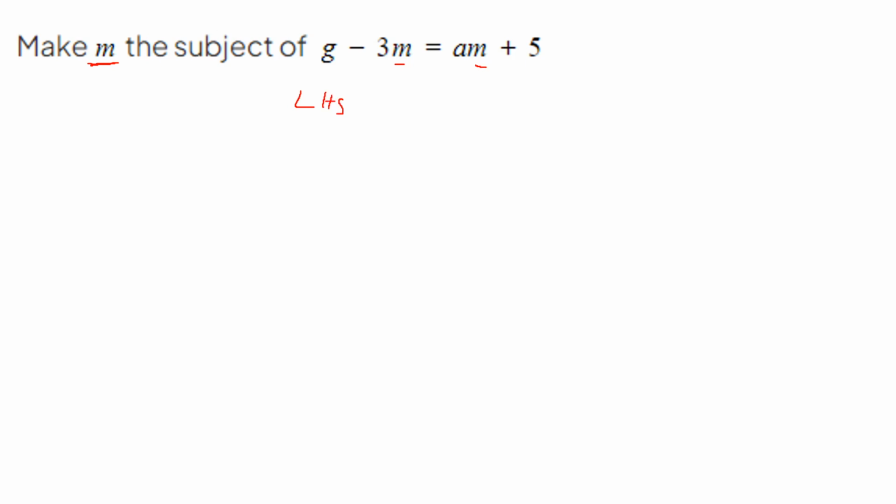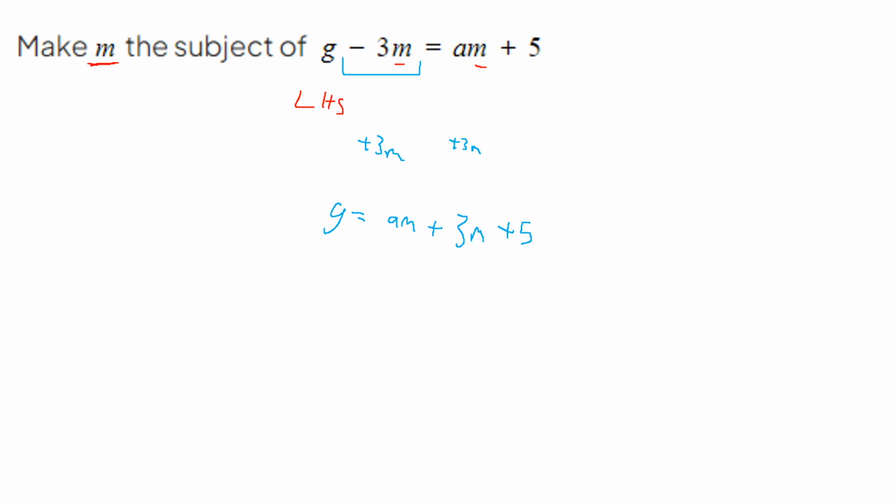Which one of these terms is a m term? Exactly, it's this minus 3m. So what we're going to do is plus 3m, and we're going to plus 3m on this side. So then g is equal to am plus 3m plus 5.